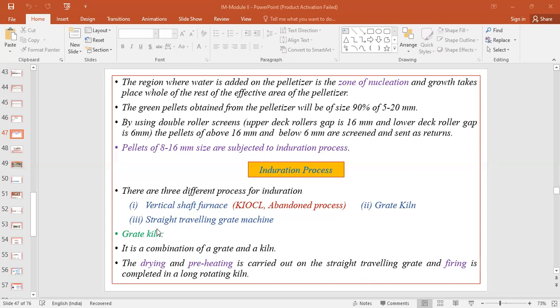So as we discussed, the induration process consists of three stages: drying, preheating, and firing. Out of these three steps, drying and preheating will be done on the grate, and firing will be done in the kiln.